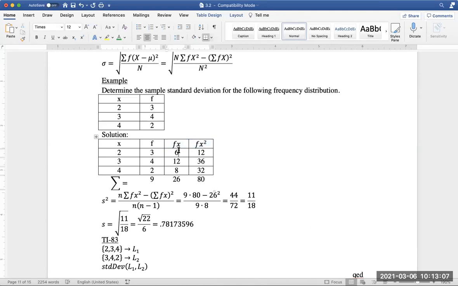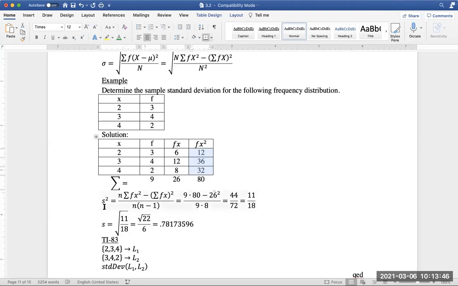Multiply the first and second column to get the third column. 2 times 3, 6. 2 times 6, 12. 3 times 4, 12. 3 times 12, 36. 4 times 2, 8. 4 times 8, 32. Add: 9, 26, 80.